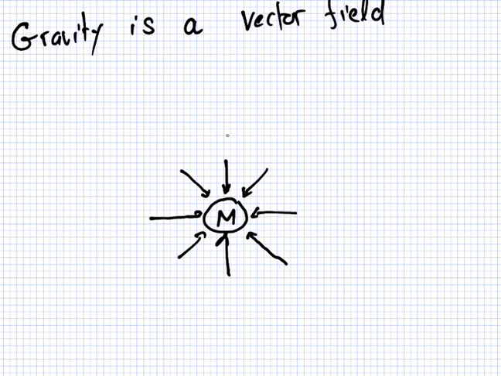But then when you move further out, they get shorter. They might ask you to draw this in the exam, so this scale that it's getting smaller as it goes out is important. And then if you go further out, it'll be even smaller.